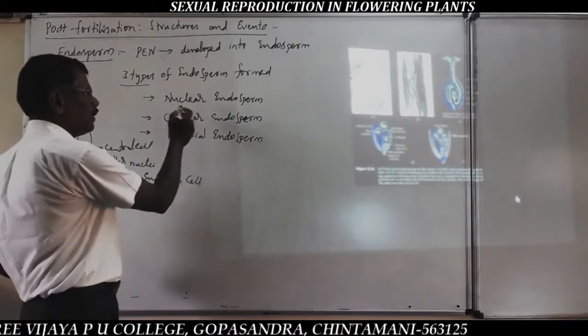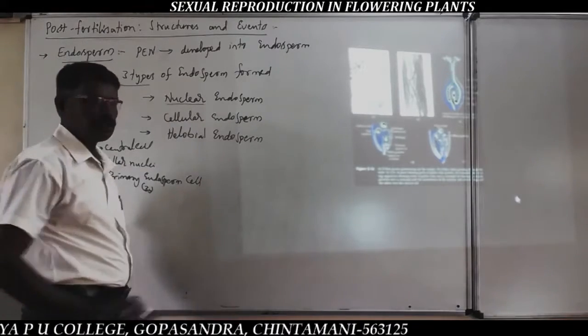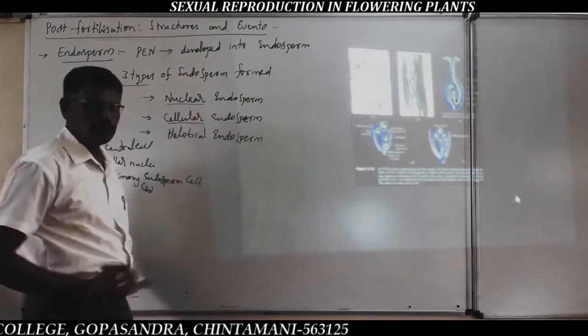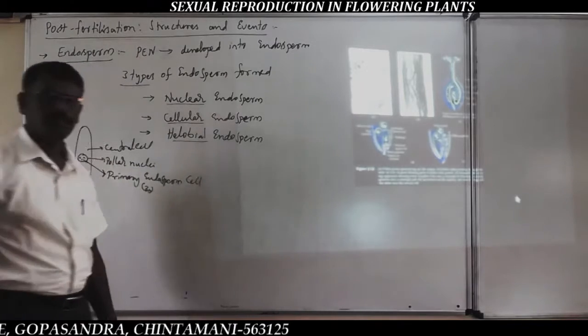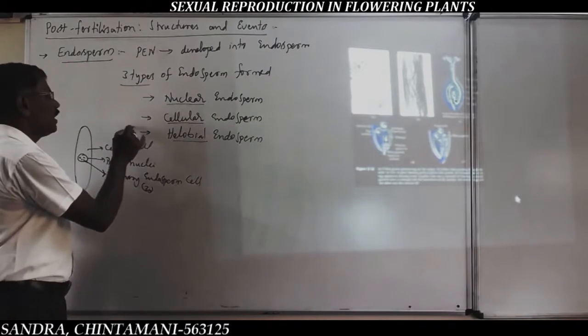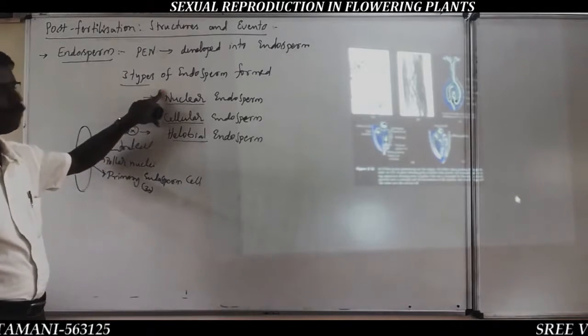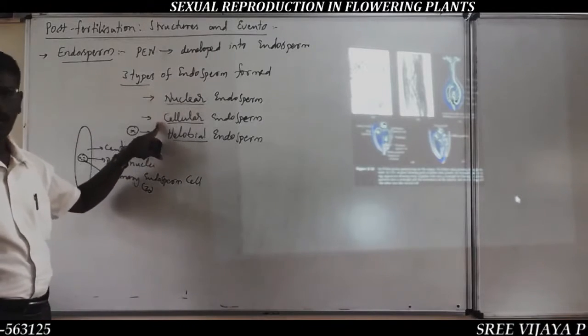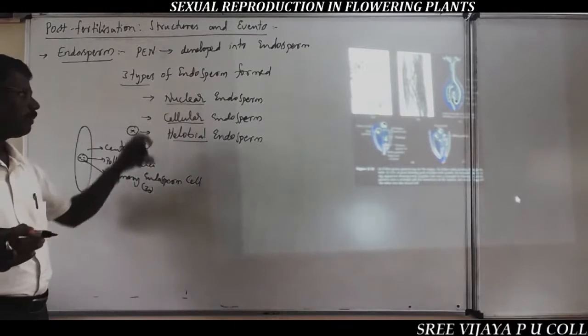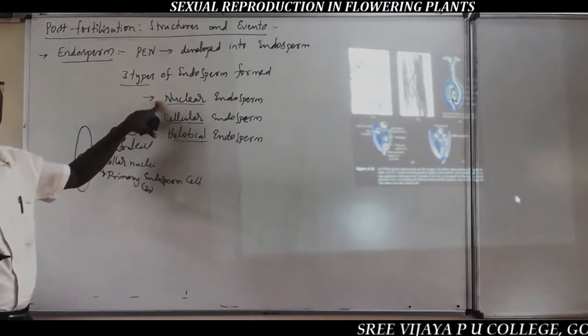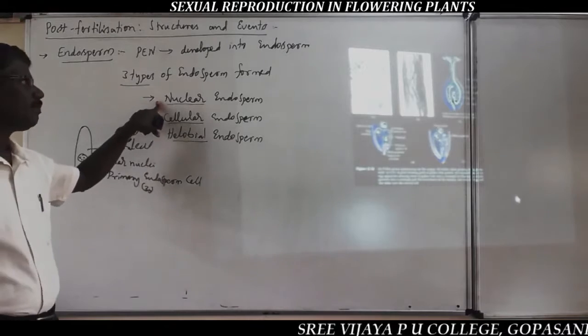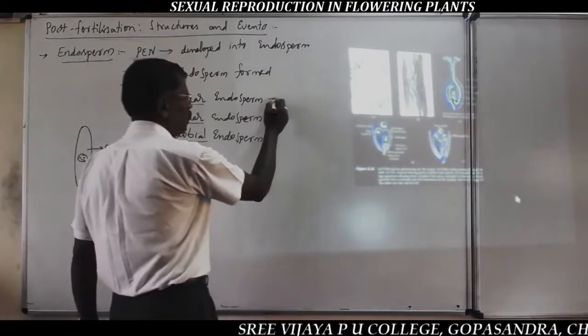What are the three types of endosperm? Nuclear endosperm, cellular endosperm, helobial endosperm. The third one is not needed for our syllabus. In our syllabus there are nuclear endosperm and cellular endosperm, but we discuss it to improve our knowledge. So what is nuclear endosperm?